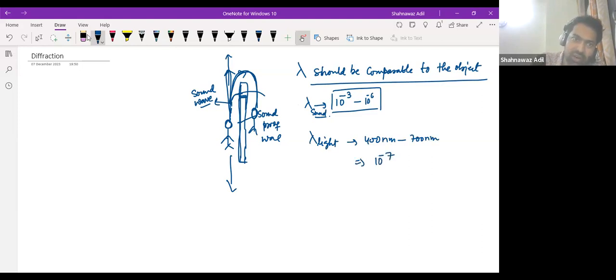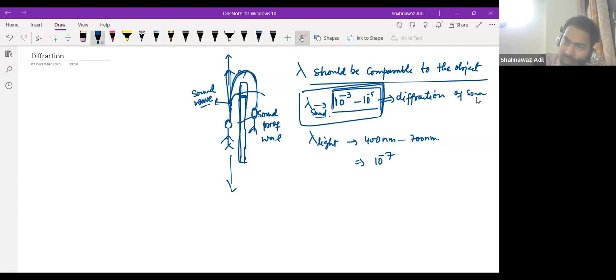So we can have objects in the micro range, and for those objects we can see the diffraction pattern of sound clearly. But the wavelength of light is 10 to the power minus 7 meter.